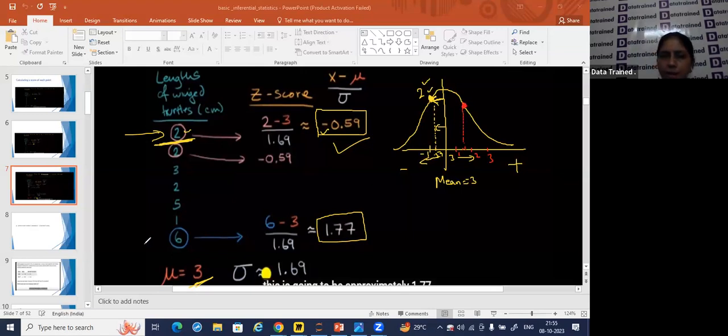At this point, my 6th data point is lying here. What should I understand here? I can say the data point 6 is 1.77 standard deviated above the mean.